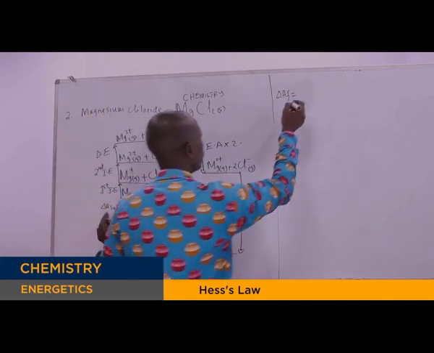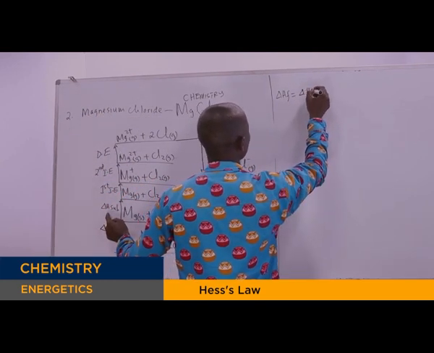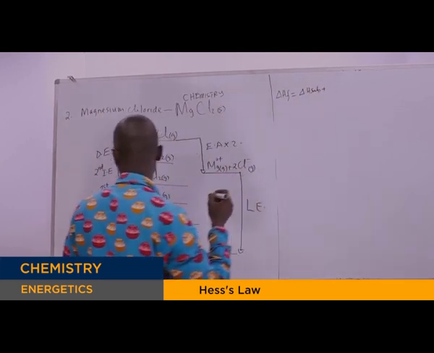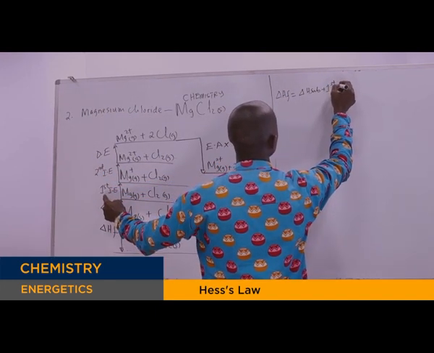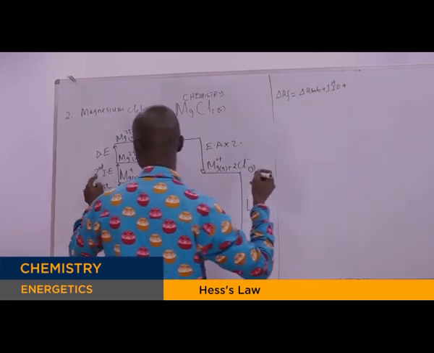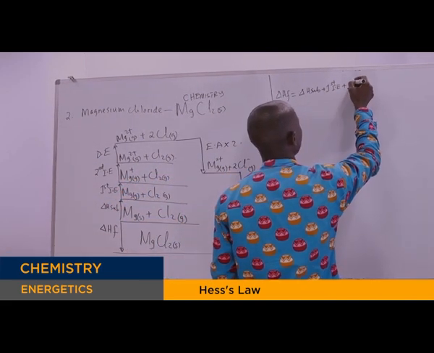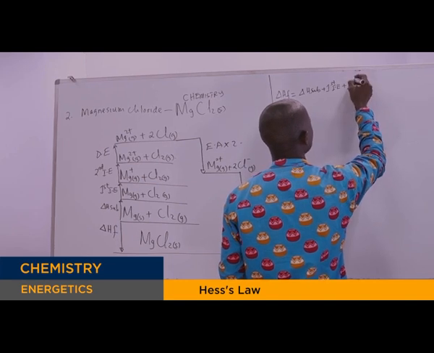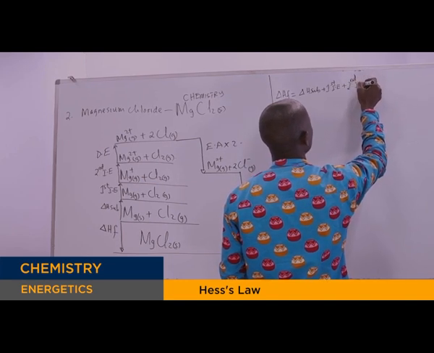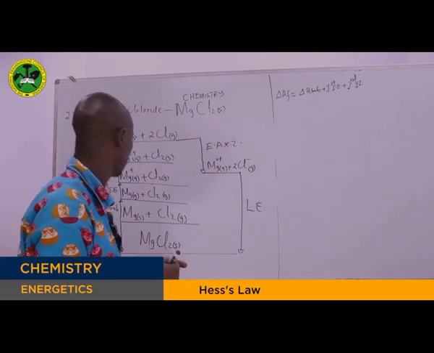So here we formulate the formula, that the enthalpy of formation will be equal to the sum of these. We have enthalpy of sublimation plus, we go to the second one, first ionization energy. We go to the next one, second ionization energy.